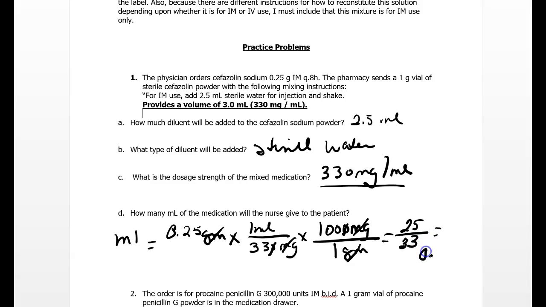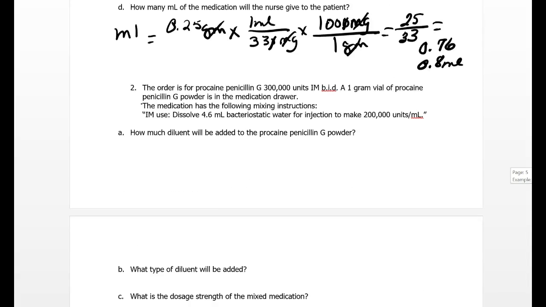So we end up with 0.76. Now, we haven't done syringes yet, but I do know that you would be able to draw this up into a tuberculin syringe because it's measured off into hundreds. However, if it wasn't, then we would round that to 0.8 milliliters. Okay, so let's go to number 2.